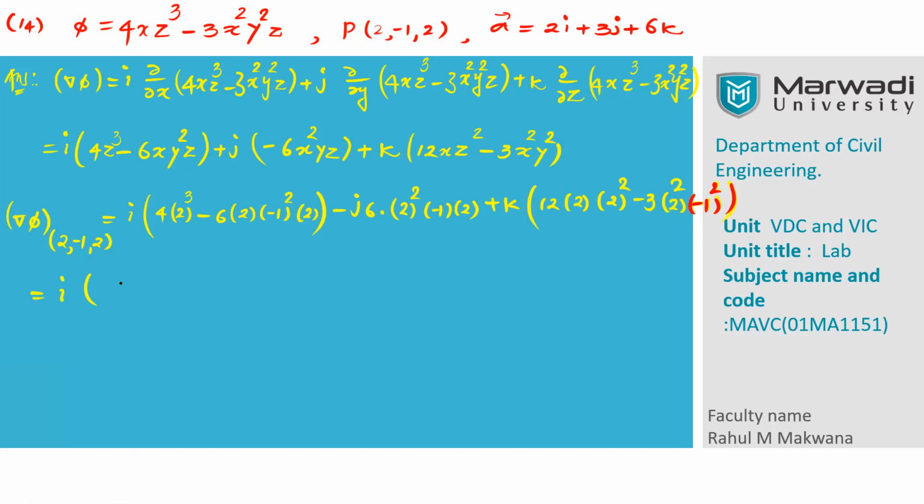Let us simplify. 8 into 4, minus, this is 6 into 2, 12 into 2 will be 24, minus of j, this is 4, 4 into 2, 8, 8 into 6 will be 48, plus k, 12 into 2, 24, 24 into 4, minus 2 square, 4 into 3 will be 12.